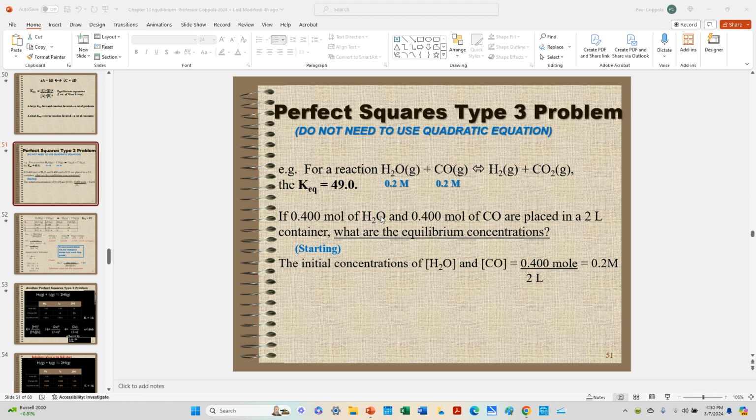Now, by the way, in this particular case, they made you compute that. So they said 0.4 moles in 2 liters. So 0.4 divided by 2 liters is 0.2 molarity. Okay, let's go to the next slide.